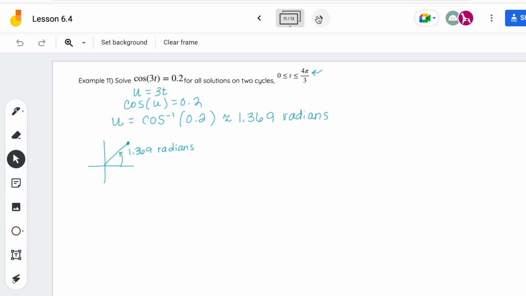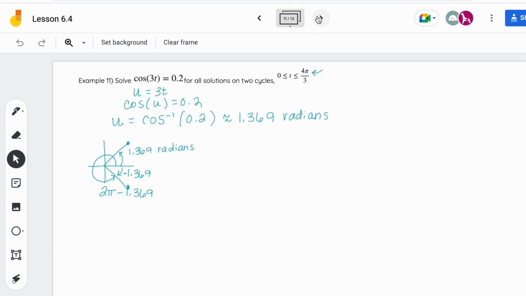I also know that I'm going to be positive in the fourth quadrant, so I need to know what is the angle from here to here. To do that, I can find this by taking 2 pi minus 1.369, which would be the distance from here to here.